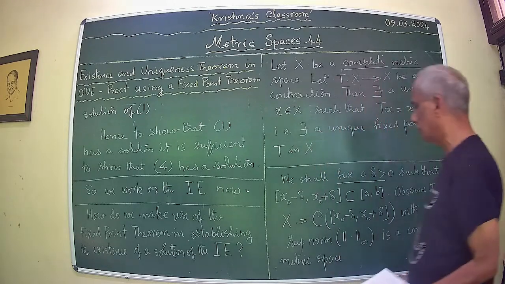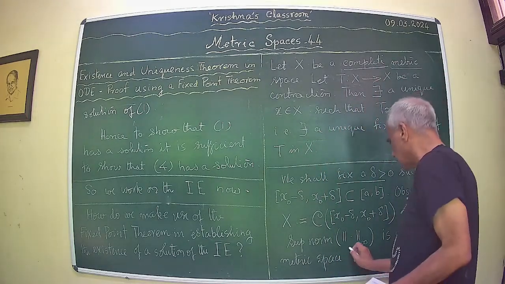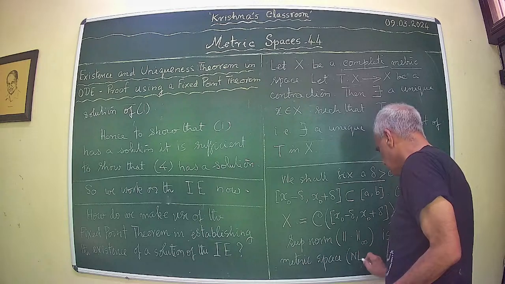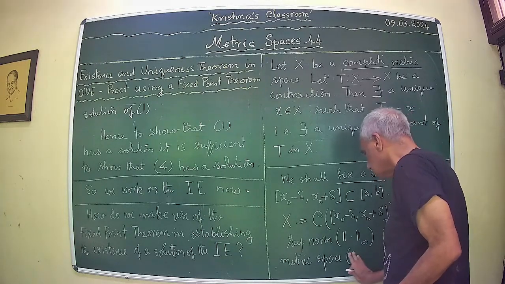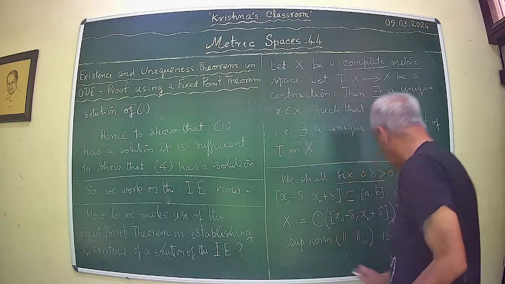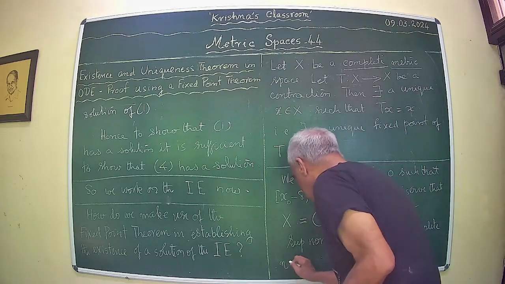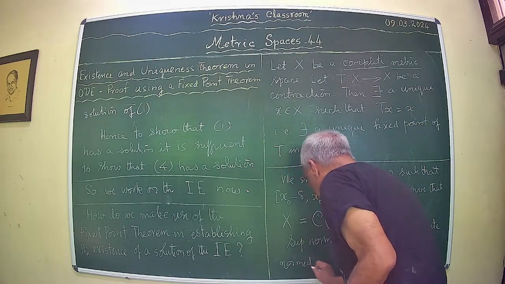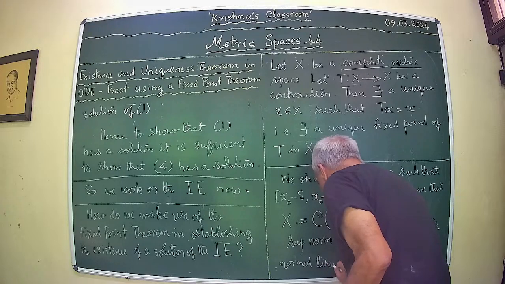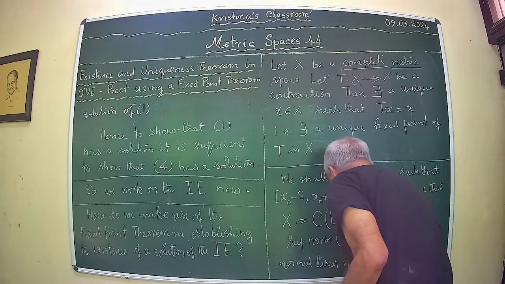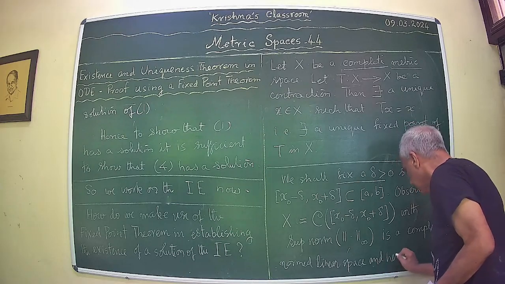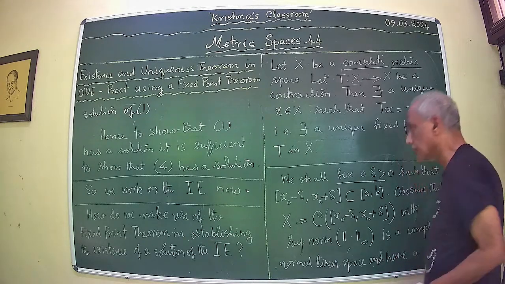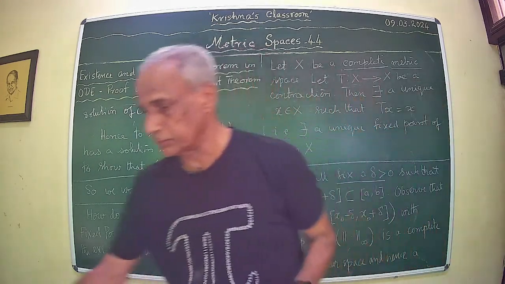Because once you have the supremum norm, in fact it's a complete normed linear space, and hence a complete metric space.